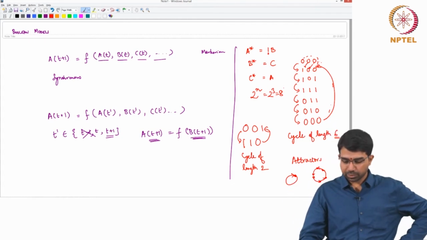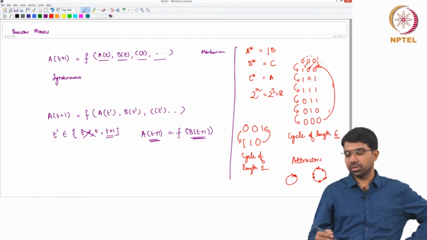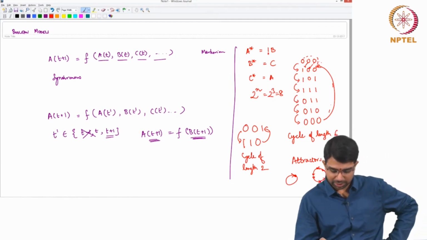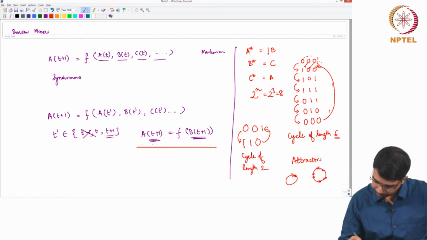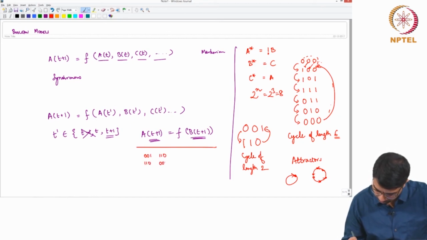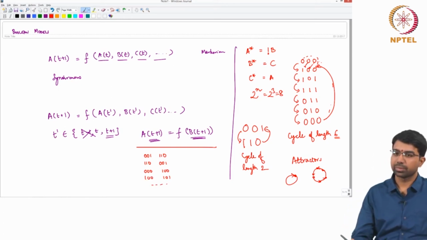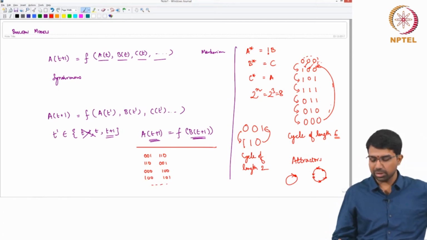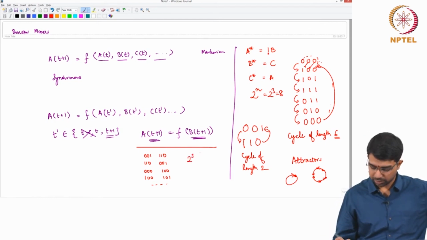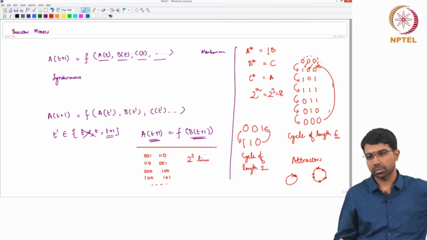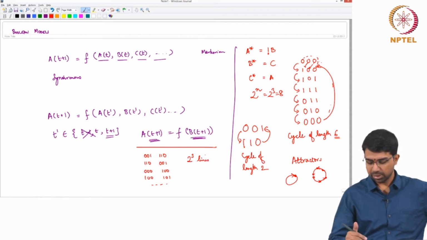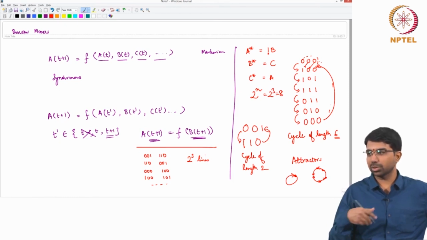What is the next step? In fact, you can visualize this even with something like Cytoscape. All you need to do is compute the edges like this. You make a file of this sort, with 2 to the n lines, one for each initial condition, and then you can immediately visualize it in Cytoscape.